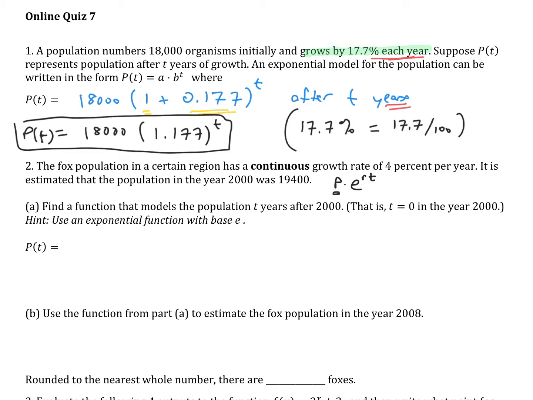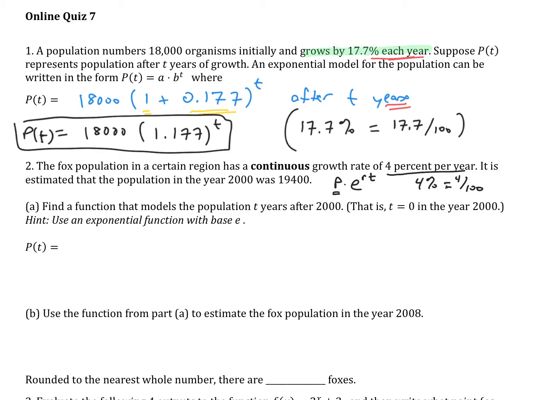We would use a positive percent. So this 4% per year, again, we'll convert 4% into a decimal by dividing by 100. So 4% is 0.04, and we would use positive 0.04 because this is positive growth.